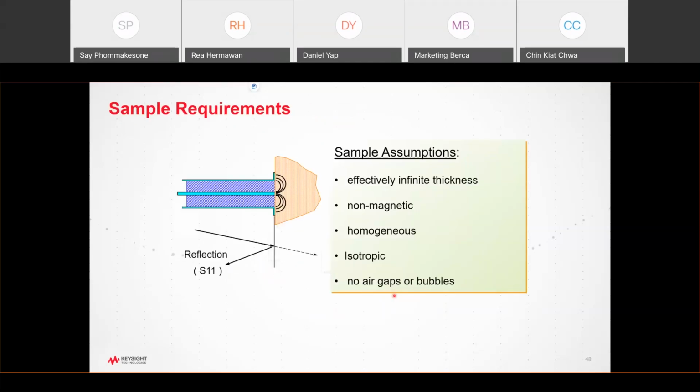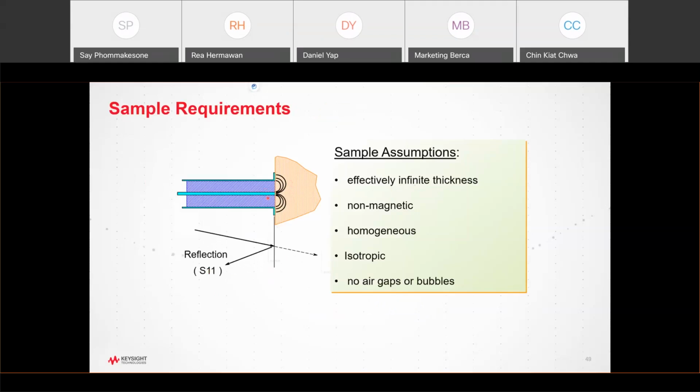So how does it work? It works basically based on S parameter S11. We send the signal down to the probe, and we measure the reflection off the material, which means that your material needs to be effectively infinite thickness.